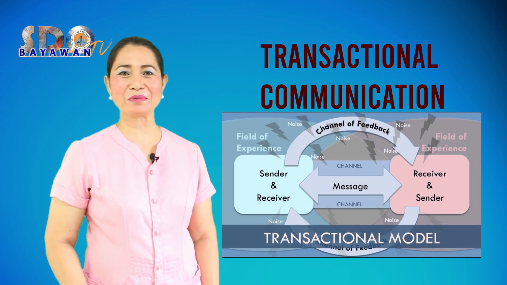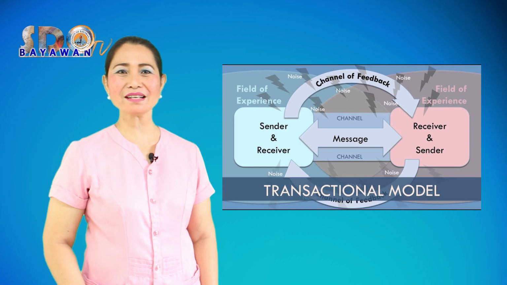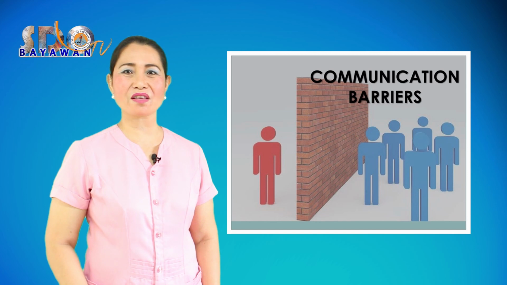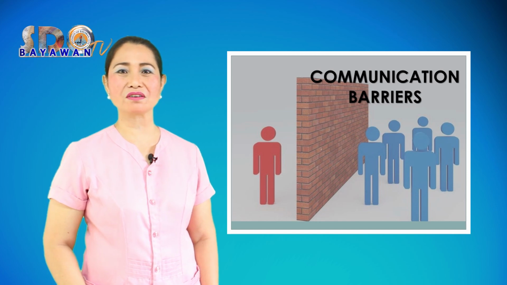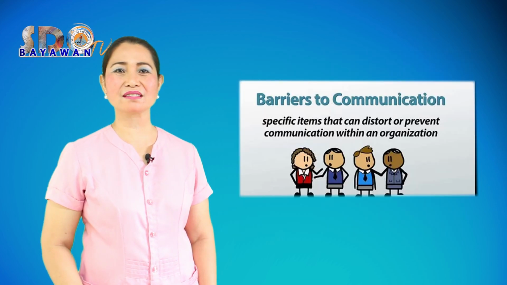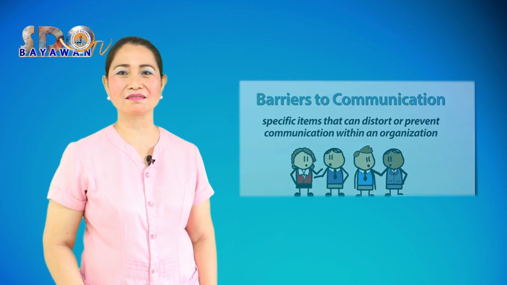Communication is dynamic. It has a complex nature. It takes place among individuals at any given time with any given subject. However, there are tendencies that barriers would interfere, which may create a sudden impact and change the processing of information.